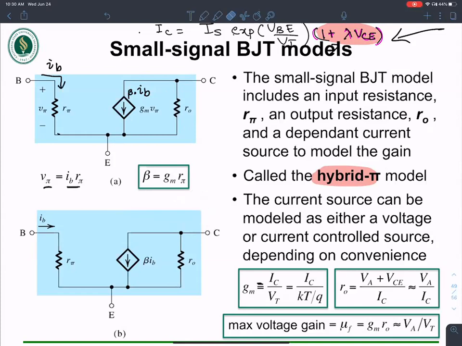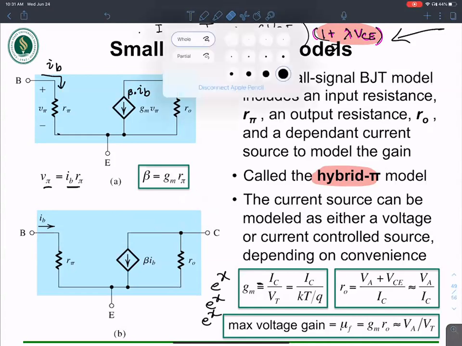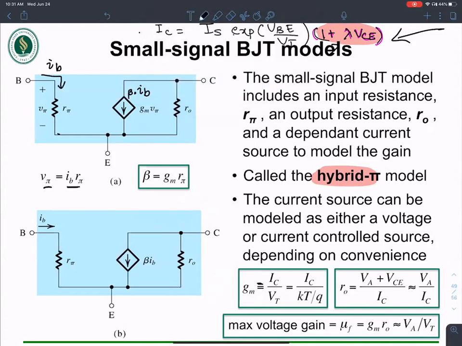That's the definition of gm. When you evaluate that, the derivative of e to the x is e to the x, and the integral of e to the x is also e to the x. Exponential is the only wave in the universe for which the derivative and the integral are the same as the waveform itself. That's the reason why when you evaluate delta IC over delta VBE, there is still some IC term in that derivative term.